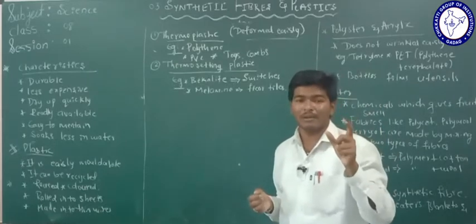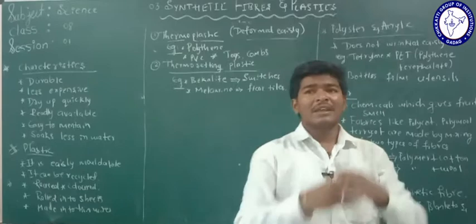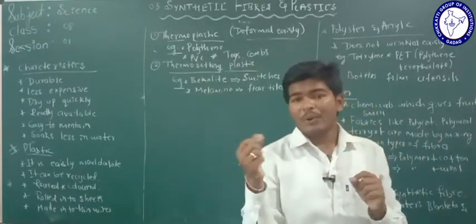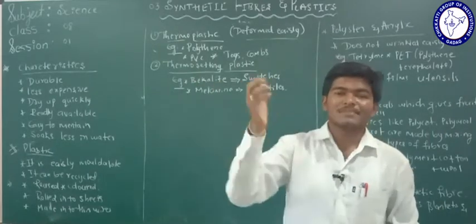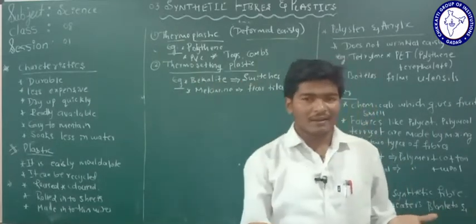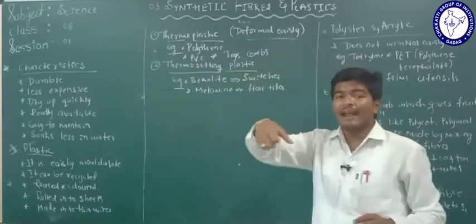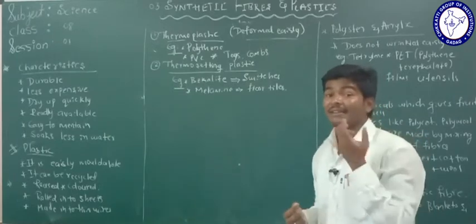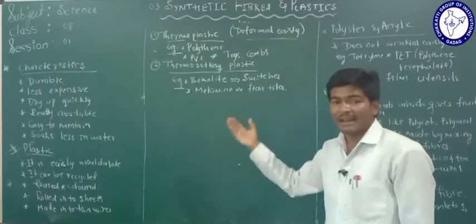You have to remember here, plastic is a bad conductor of heat and electricity. In all electrical circuits, the thin copper wire is covered with plastic. Why? Because plastic doesn't conduct current. Have you understood? And we also use it in the handles of cookers. Why? Because it doesn't conduct heat.